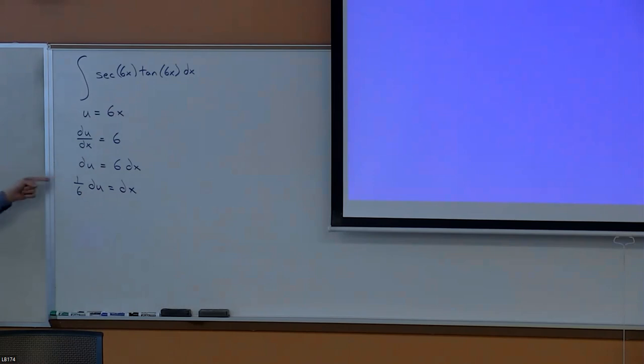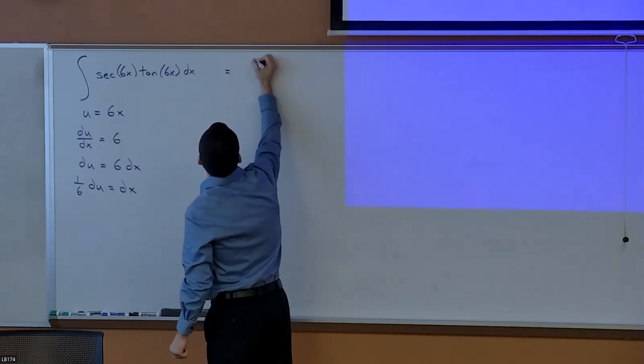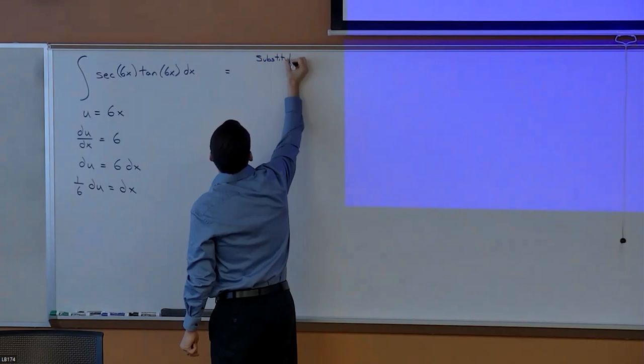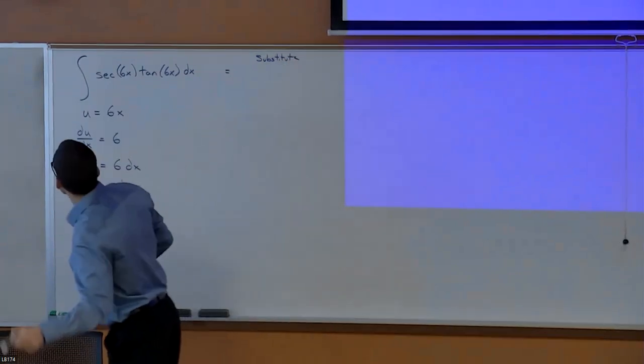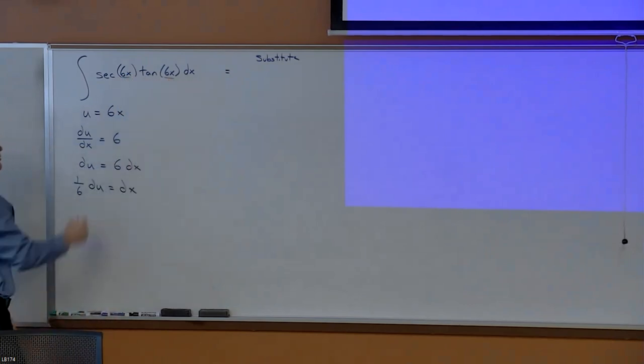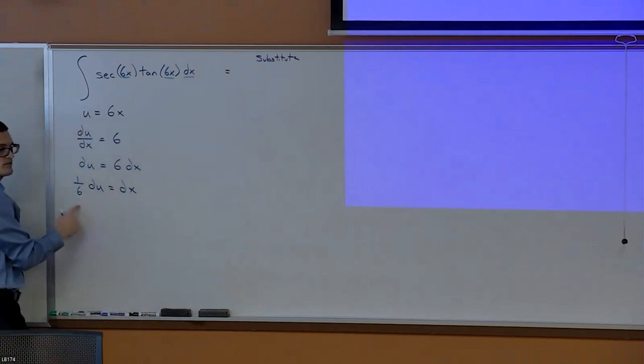Because I don't have the coefficients out front, I'll probably use this. At this point, we can substitute once again the 6x in both places is going to get replaced by the u, and then the dx is going to get replaced by the 1/6 du.